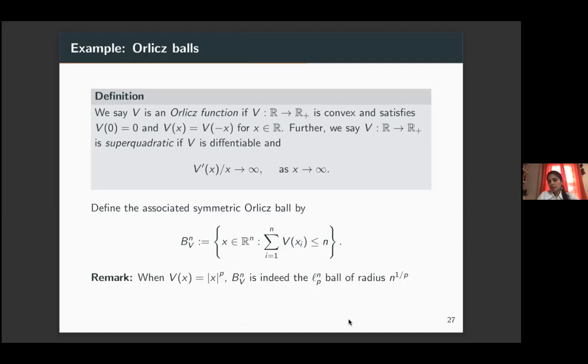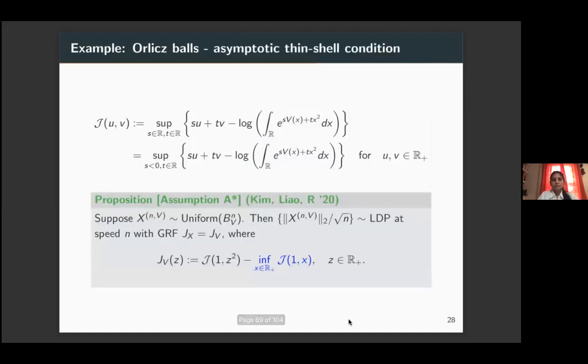So now I'm defining this Orlicz ball like this, and then we can define a certain function J in a suitable way. And then we showed in our paper from last year that if you have this uniformly, then in fact this norm does satisfy an LDP with another rate function given in terms of this function.